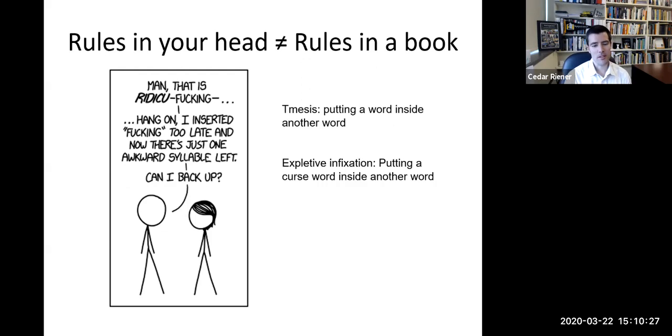Okay, so here's a fun little example of how the language rules in your head are not the same as maybe the language rules you've learned in school.